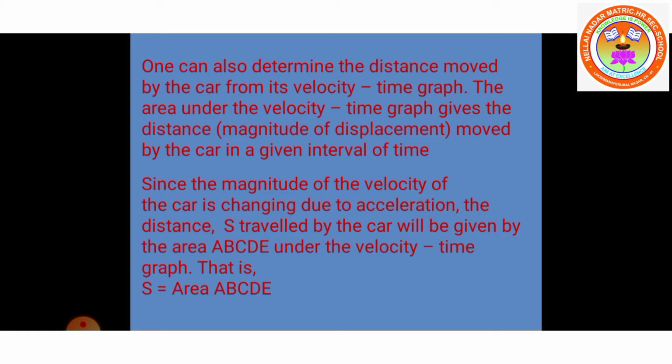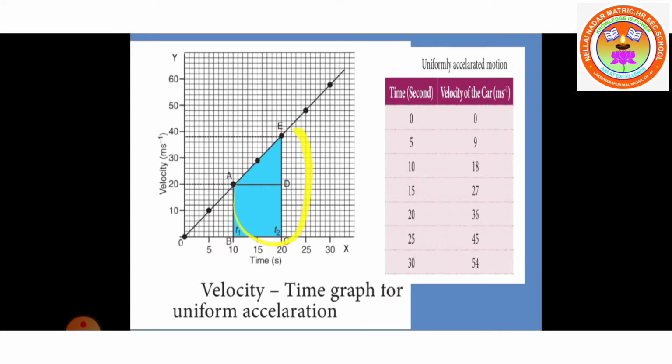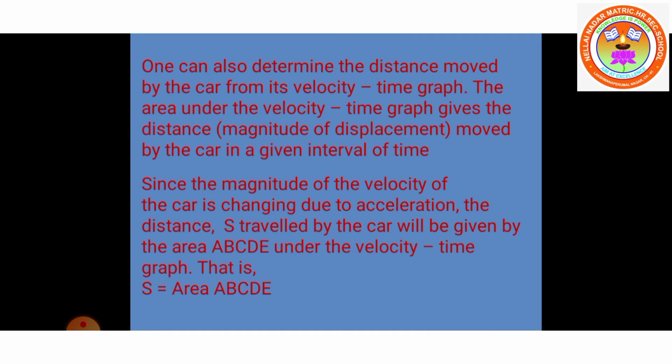One can also determine the distance moved by the car from its velocity time graph. The area under the velocity time graph gives the distance moved by a car in a given interval of time. So if you calculate the area of the shaded portion, you can calculate the displacement of the car.